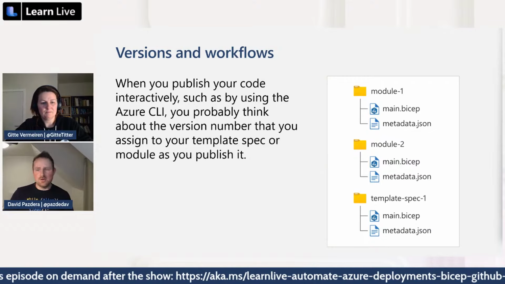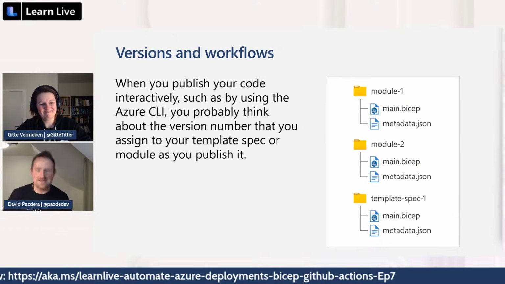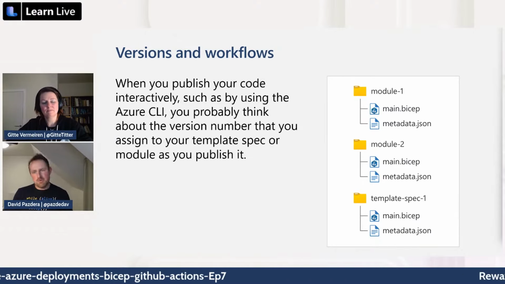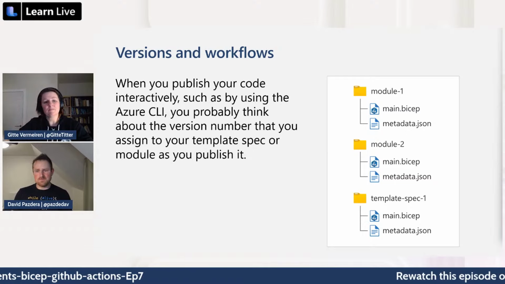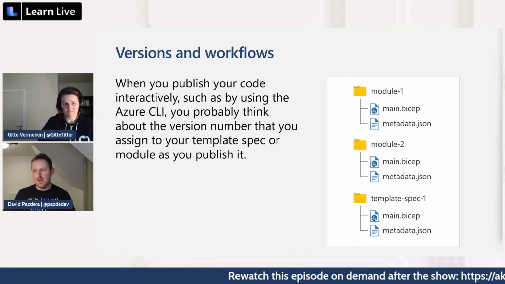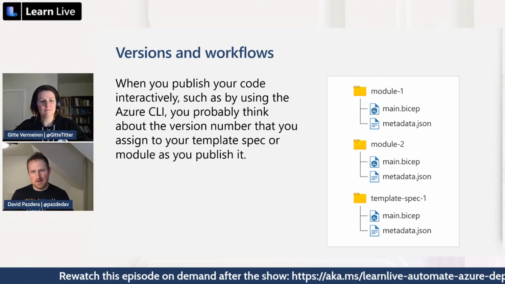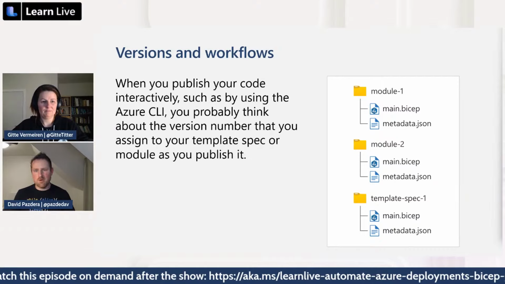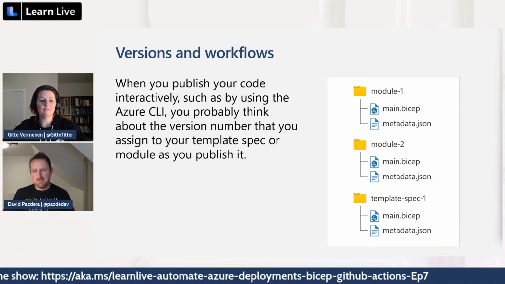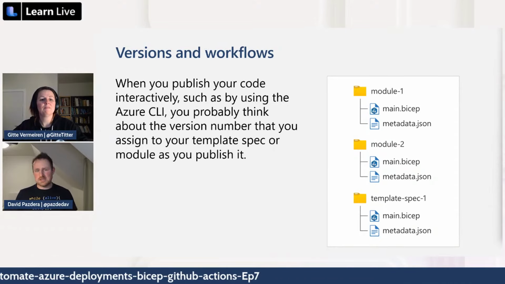We are parsing the metadata JSON, but that was just a simple way to separate modules into different subdirectories, and then you can streamline your pipeline. So we can have a single pipeline in this scenario. We are not having one pipeline per module.